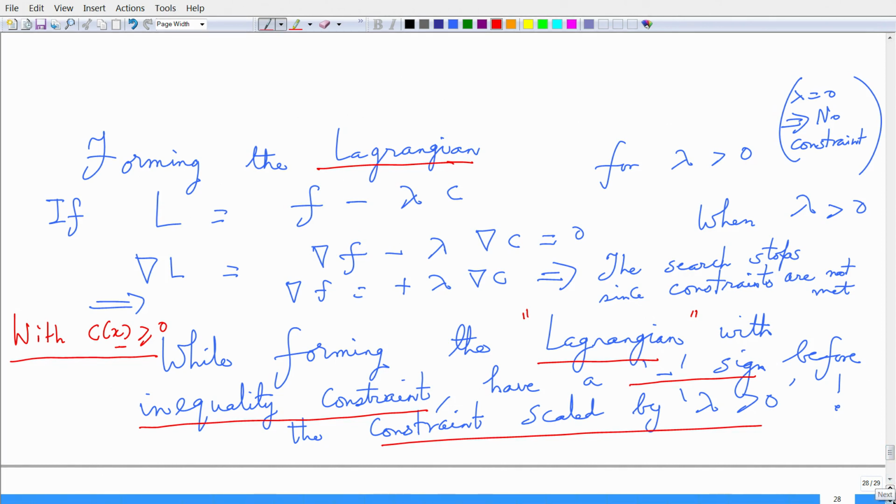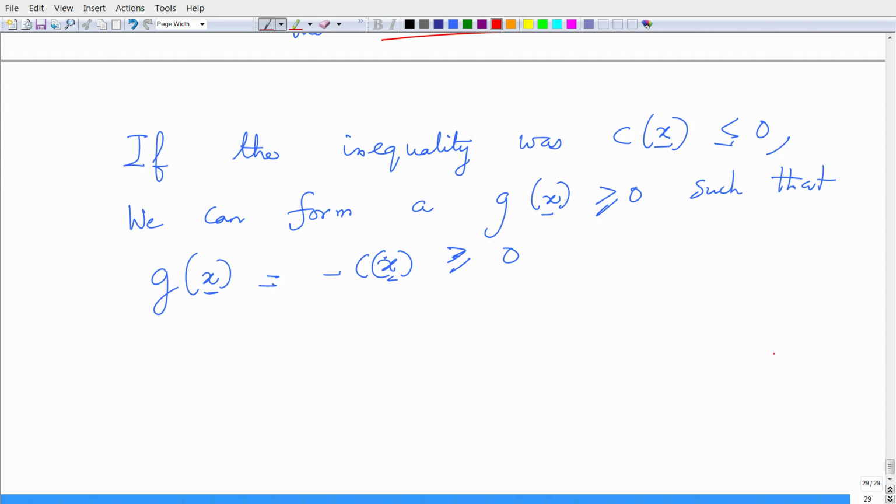I mentioned earlier that a constraint with an inequality c of x less than or equal to 0 can be transformed into some g of x which is greater than or equal to 0 by negating the sign over c of x, and then the analysis still perfectly holds true.